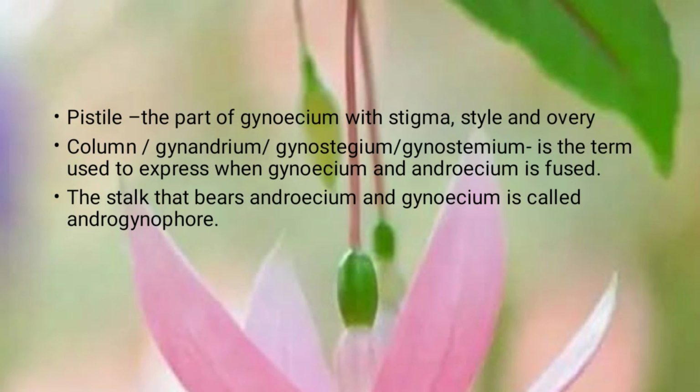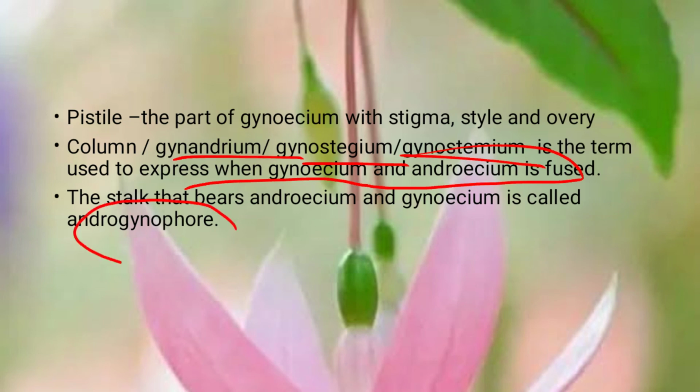Sometimes the androecium and gynoecium will be found together. These are called gynandrium or gynostegium. The term is used to express that the gynoecium and androecium are fused. Anyhow, you can call them by these different terms. The androecium and gynoecium found on a small stalk which bears them are called androgynophore.